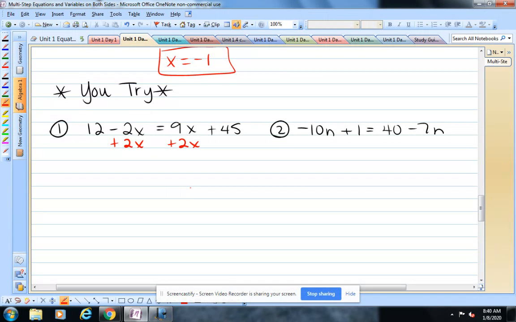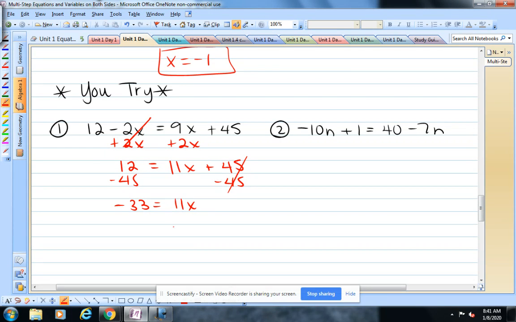Y'all stop talking, please. Okay? So if you want me to see it the other way after I do it this way, just tell me, and I'll do it the other way too. So this, you get me 12 equals what? 11x plus 45, and then what? Subtract 45. What is 12 minus 45? Negative 33 equals 11x.